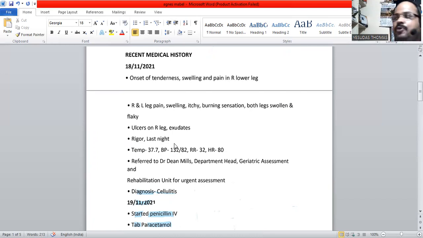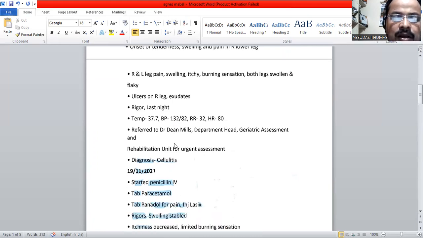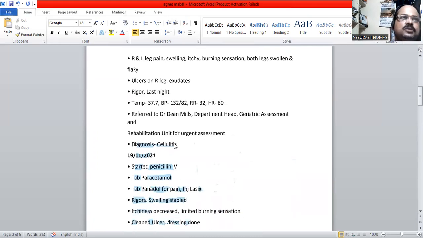So we have an abnormal respiratory rate and an elevated BP. Referred to Dr. Dean Mills, department head of the geriatric unit, she came for urgent assessment, and the diagnosis was confirmed as cellulitis.